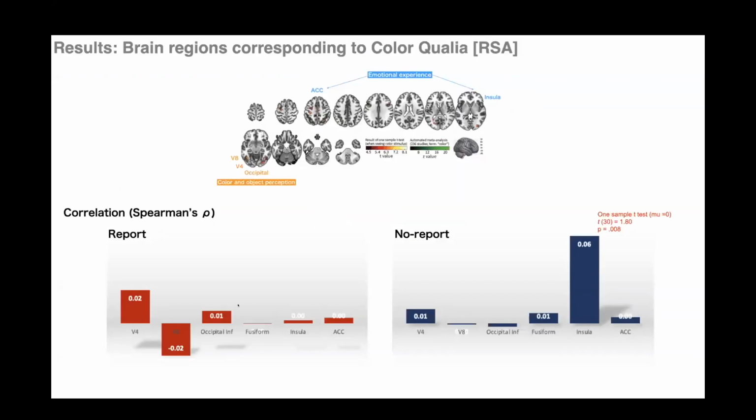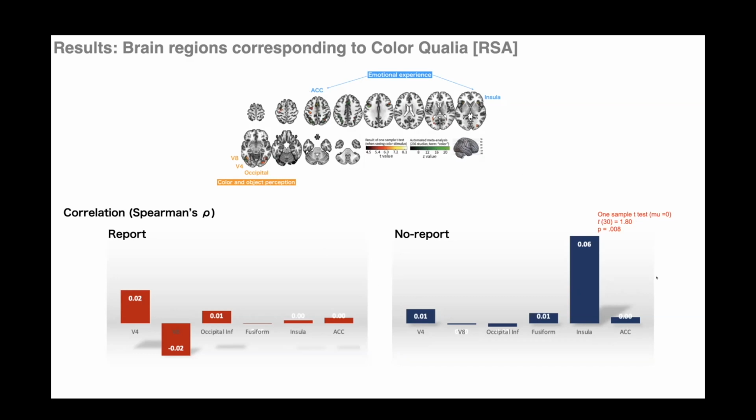We are focusing only on these six regions: V4, V8, occipital, fusiform, insular, and ACC. And here is the report condition, and here the no report condition.